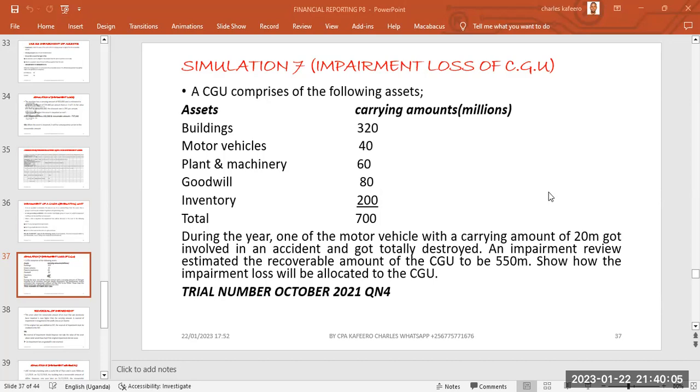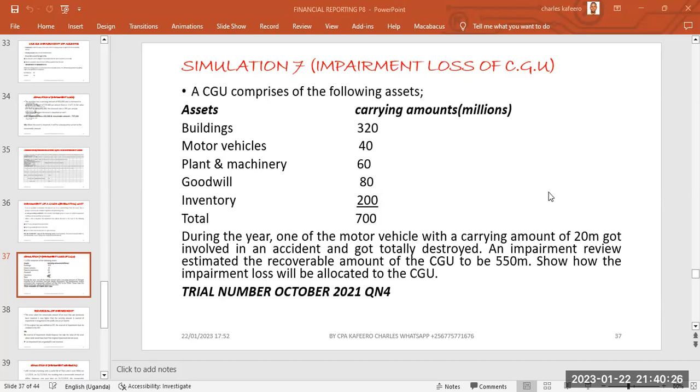Actually, that's basically the precursor to what we did as far as cash generating units are concerned. So if you have not got it clear, you may try to review the first video we did.